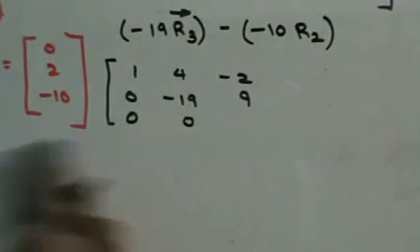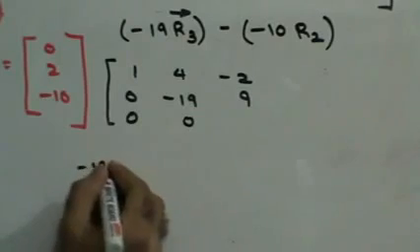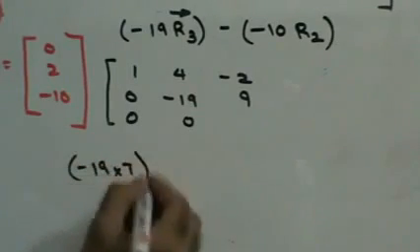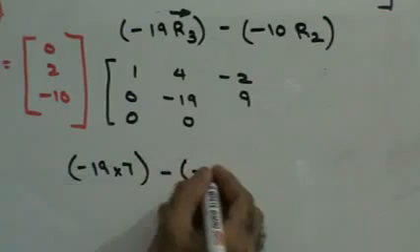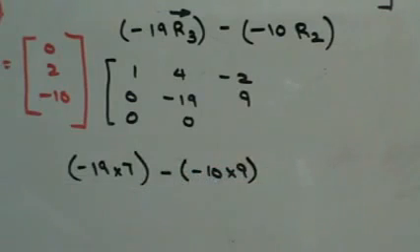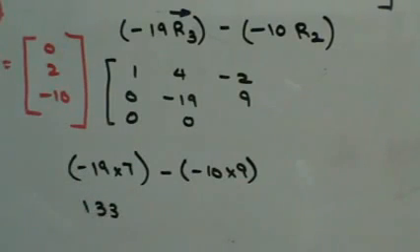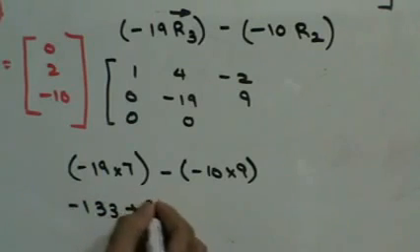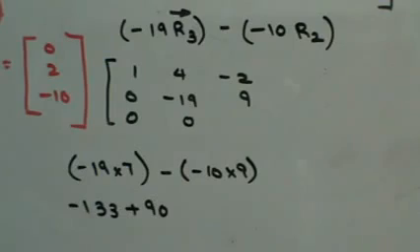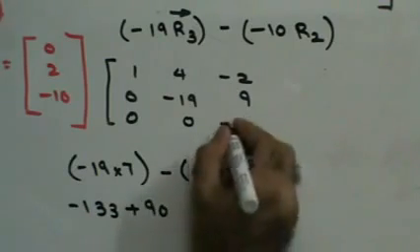Right? Next, this is minus 19 into 7 minus 10 into 9, that is minus 133 plus 90. So this is going to give you minus 43.